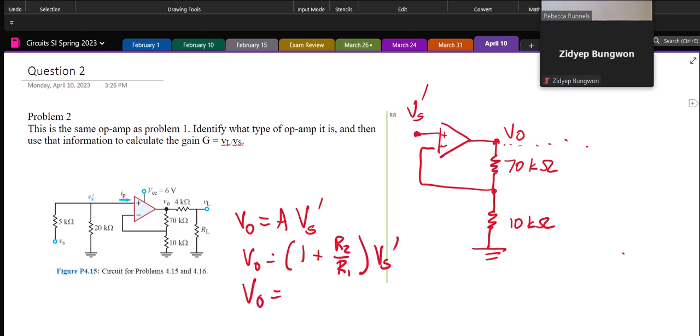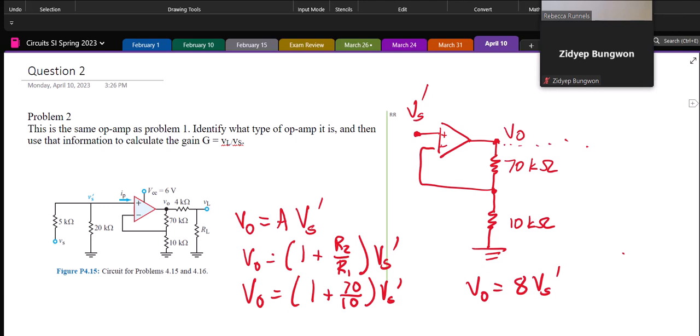Our VO equals 1 plus 70 over 10 times our source, or VO equals 8 Vs prime. All right.